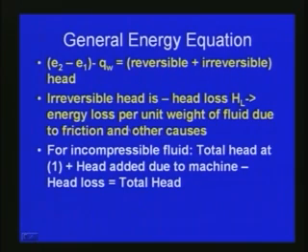We have already seen that E2 minus E1 minus QW is equal to the reversible and irreversible head. The irreversible head is the head loss. HL is the energy loss per unit weight of the fluid due to friction and other causes. For an incompressible fluid flow, the total head at 1 plus the head added due to the machine minus the head loss is equal to the total head at 2.